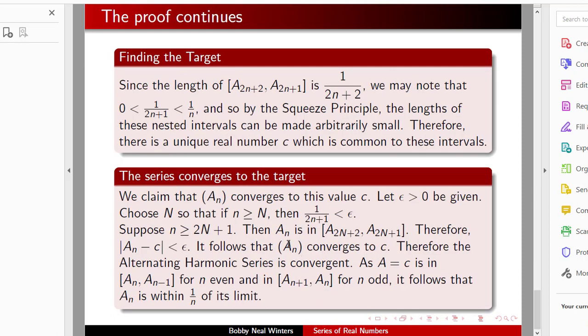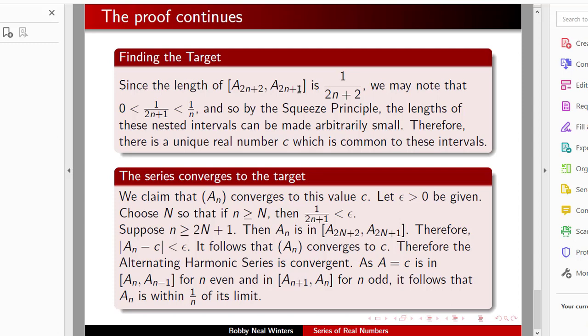Now the length of the interval from A_{2n+2} to A_{2n+1} is 1 over 2n plus 2.